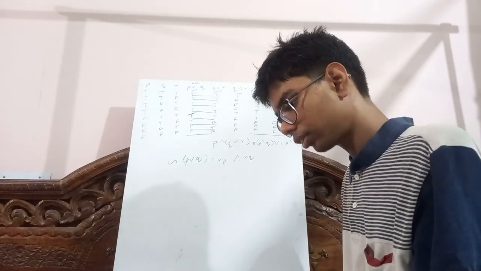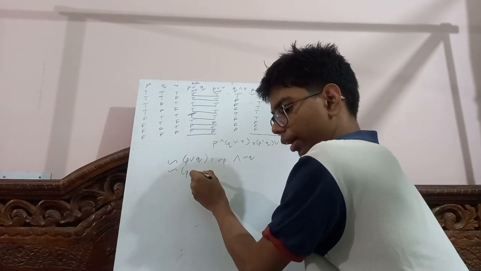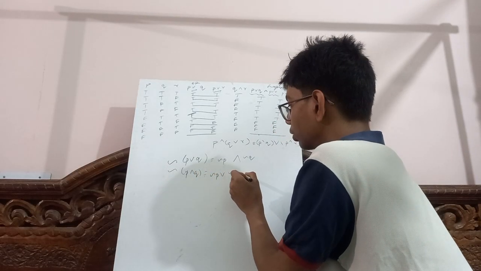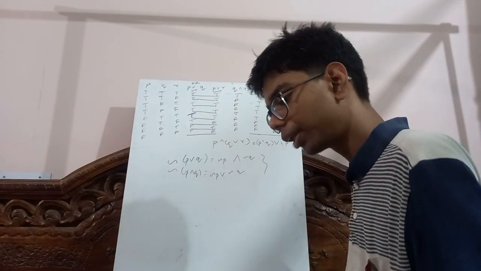And negation of P and Q is negation of P or negation of Q. You can also verify this using truth table, right?